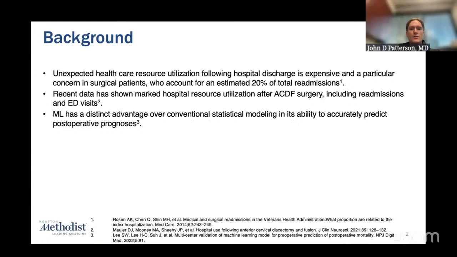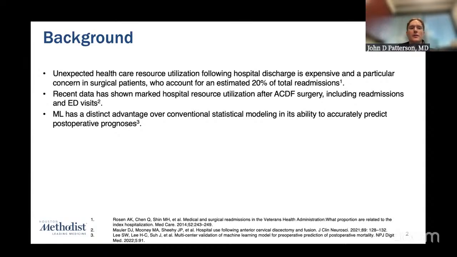Some of the background: obviously, healthcare utilization is a big topic right now as far as our cost of healthcare, and in particular, surgical patients can account for up to 20% of total hospital readmissions. Some recent data has shown marked hospital resource utilization after ACDF surgery, including readmissions and ER visits.